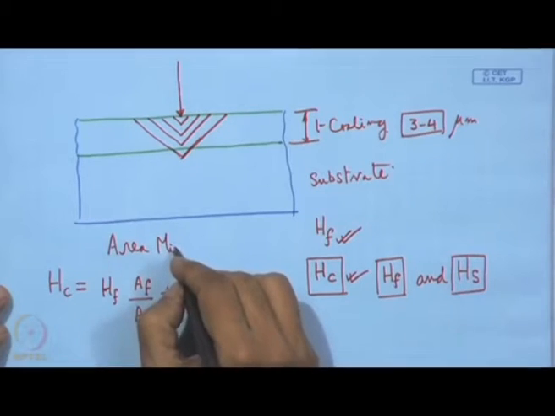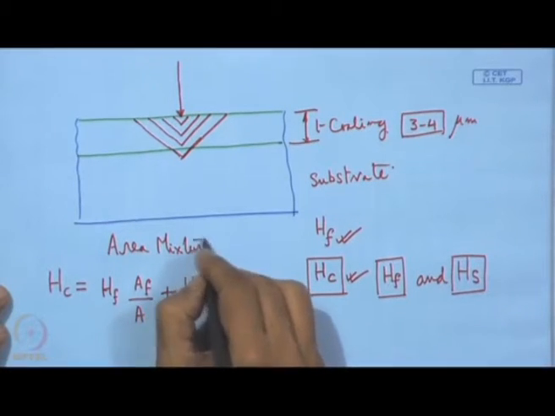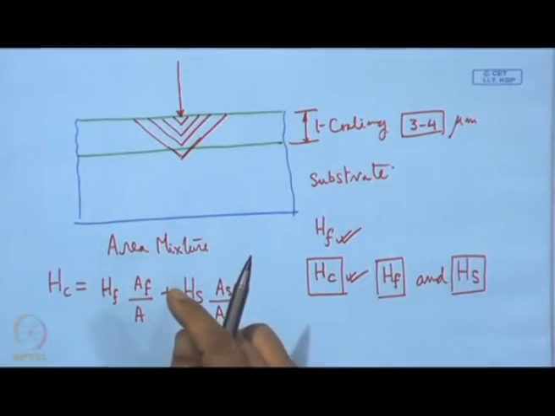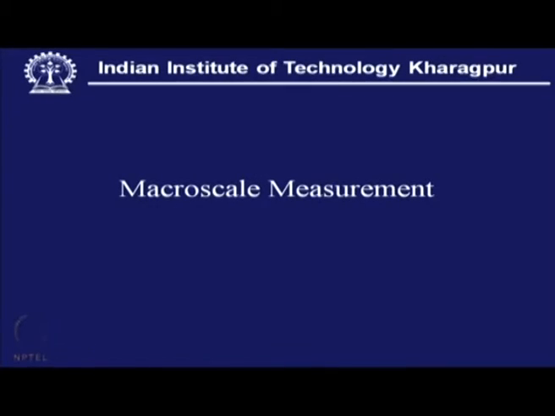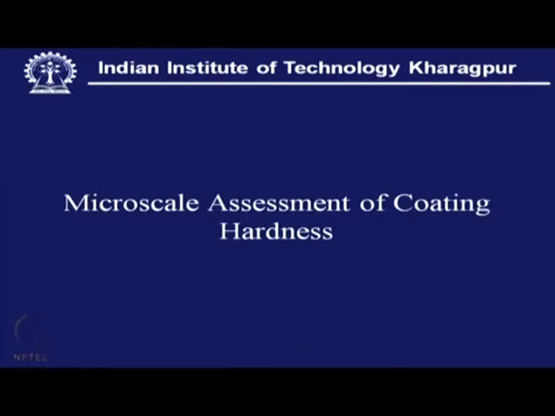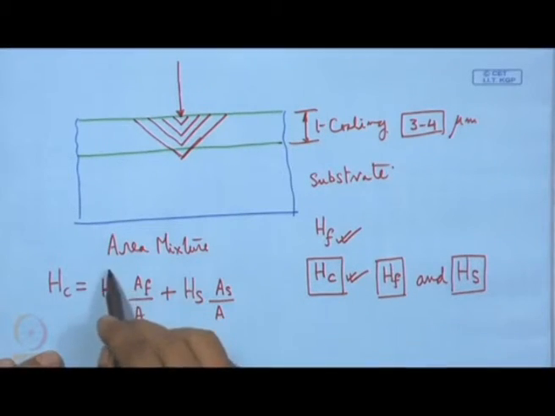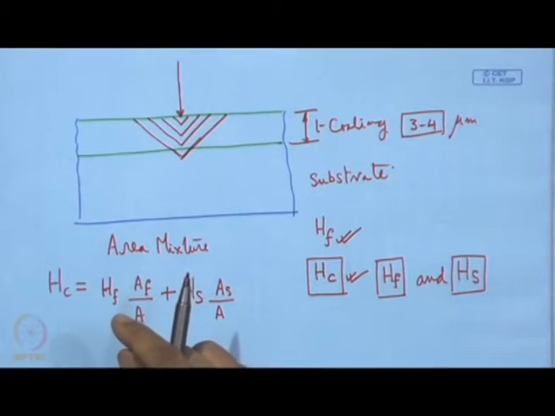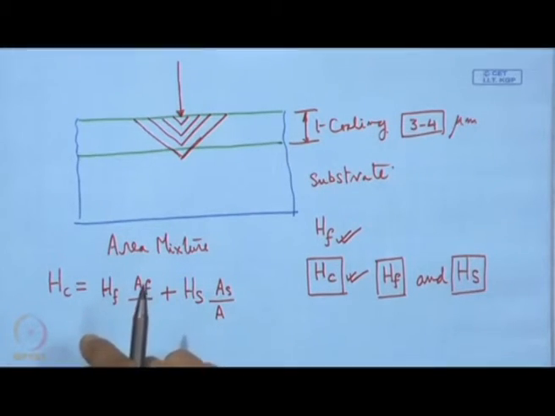Area mixture approach, that means this macro scale, micro scale and microscale assessment of coating hardness that we are discussing. So, it is actually the area mixture approach, that means it is actually called the law of mixture.